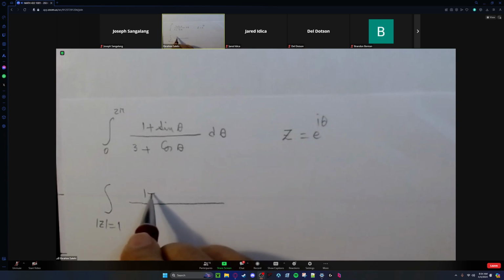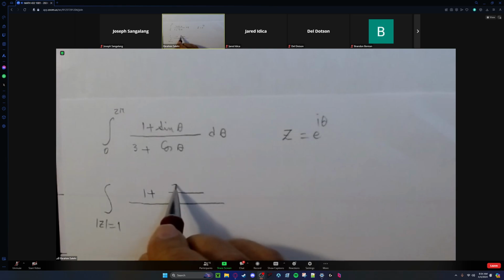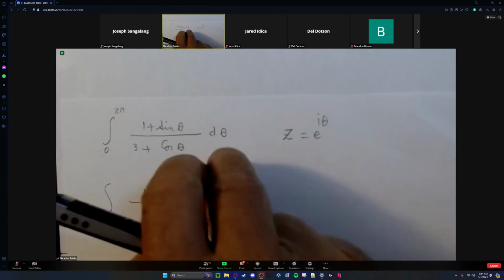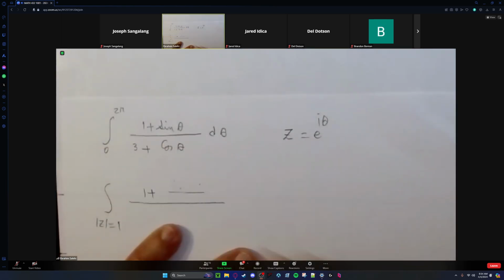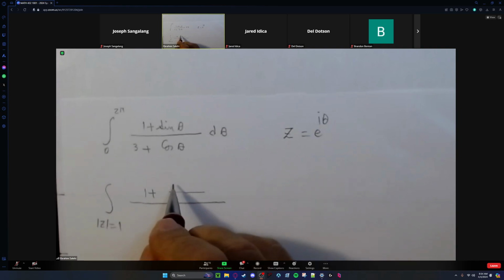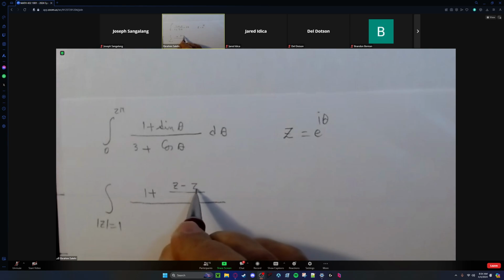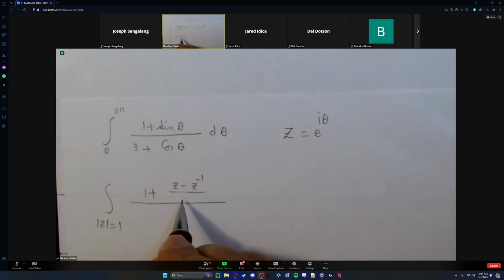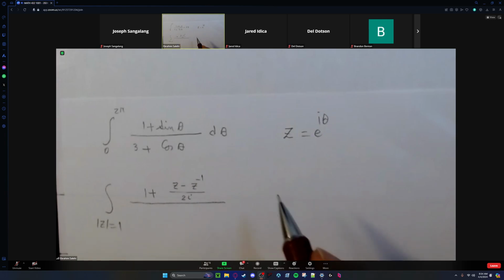One plus sine theta will be z plus minus, actually, to the negative 1, over 2i. This is sine.